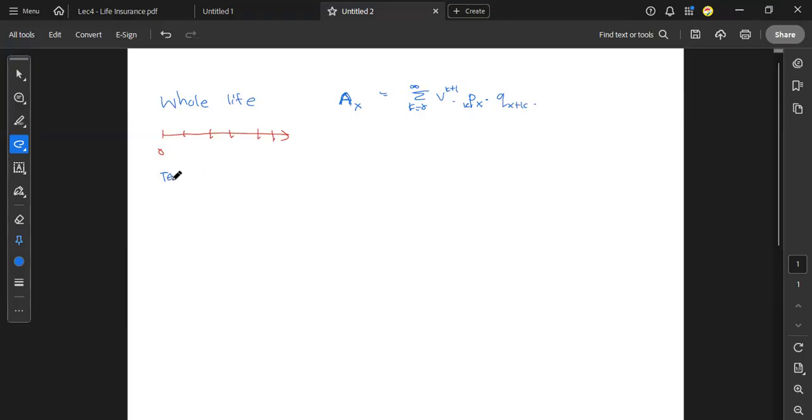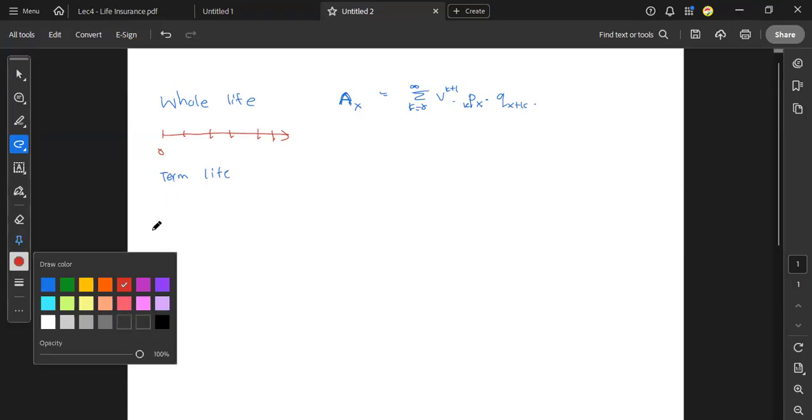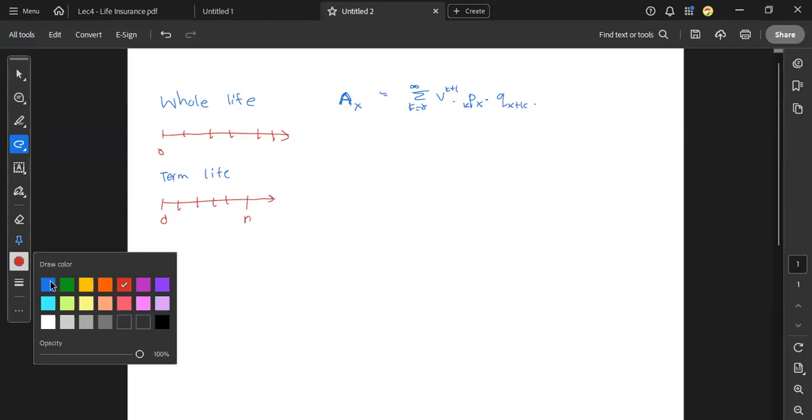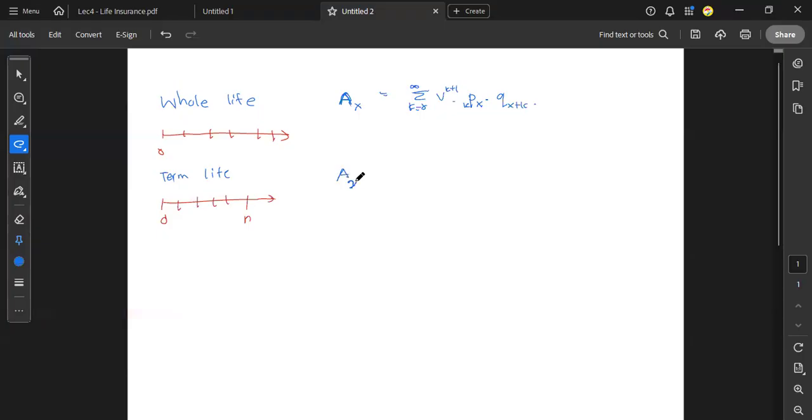So for the term life, if the death occurs between 0 and n, the benefit is there, and discrete benefit is paid for n years from x. k goes from 0 to n minus 1, v to the power k plus 1, surviving from x to k, death occurs within the next year.